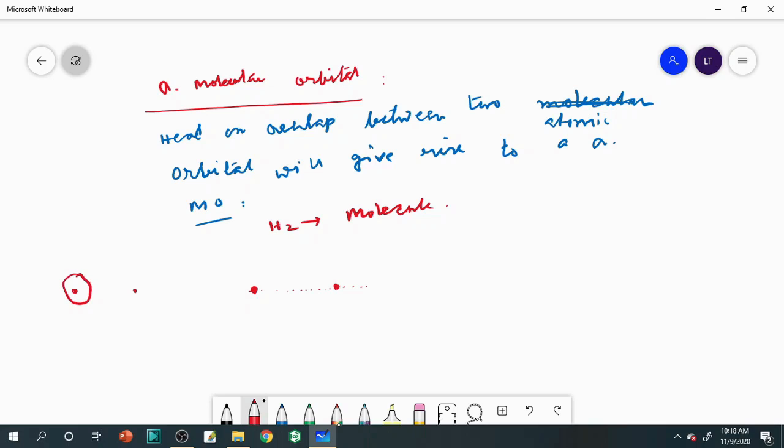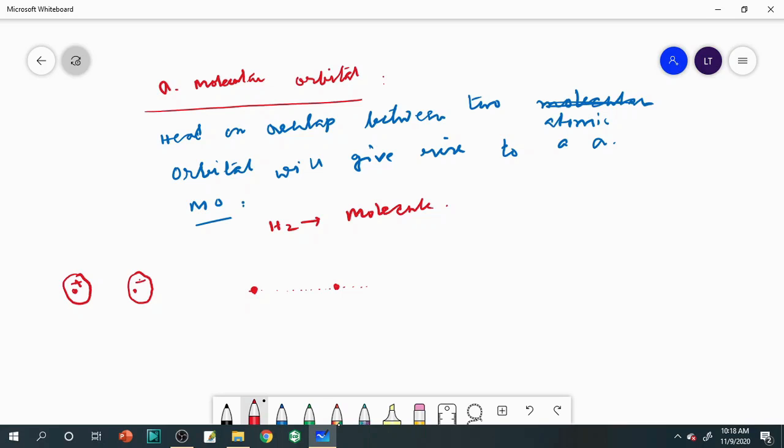Say this is the 1s orbital of one hydrogen atom, this is the 1s orbital of another hydrogen atom, and the sign of the wave function, you know, the atomic orbital is nothing but a wave function obtained by the solution of the Schrodinger equation.